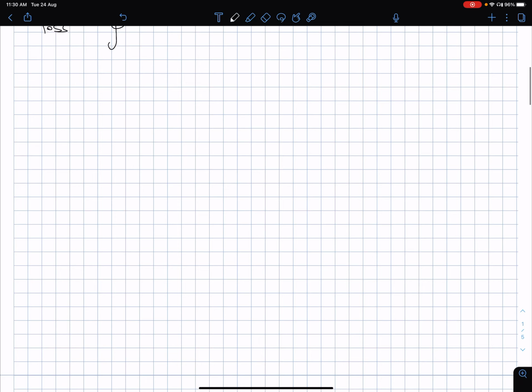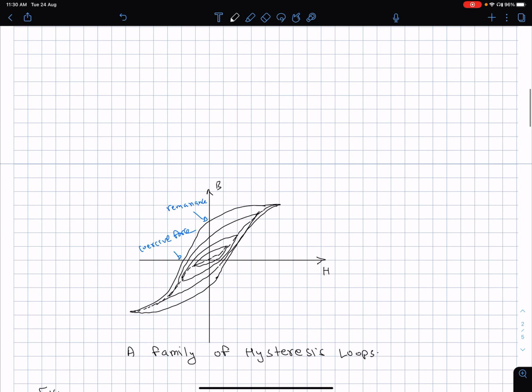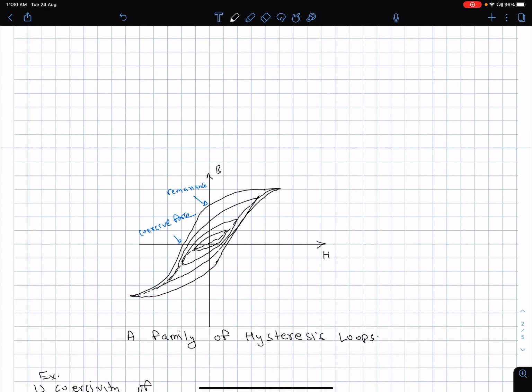Good. Now, I have shown you different hysteresis loops in this picture. I have shown you BH curve hysteresis when the operating voltage is gradually increased.